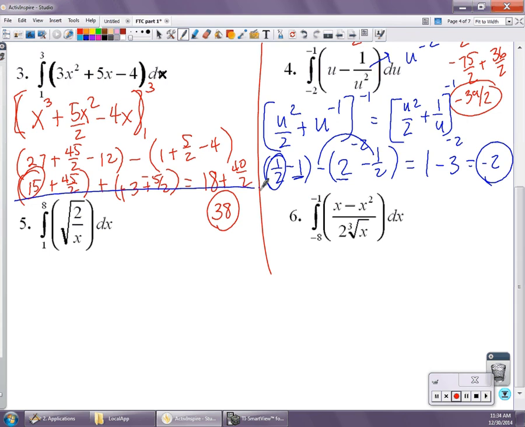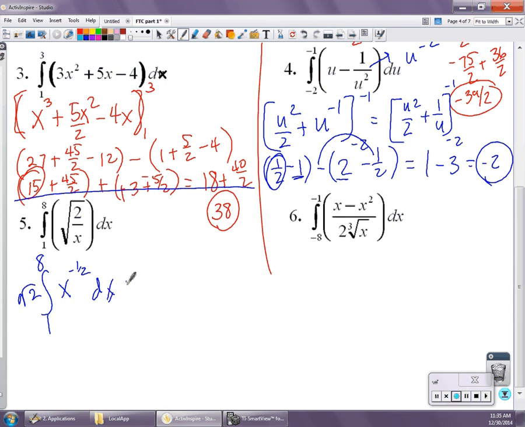In number 5, the big deal here, and I'm not going to keep evaluating these, you get the idea, is we're going to need to start by rewriting this. We can take the square root of 2 out front. Remember, that's our property that we recently learned. And then we'll make this x to the negative 1/2 power from 1 to 8.